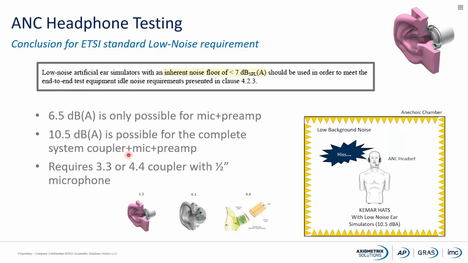In order to use one of these systems like the 43BB low noise ear simulator system, you will require an artificial ear type 3.3 or 4.4. Unfortunately, the 4.3 system, as it's based on a half-inch and a quarter-inch microphone, cannot be used for such measurements.